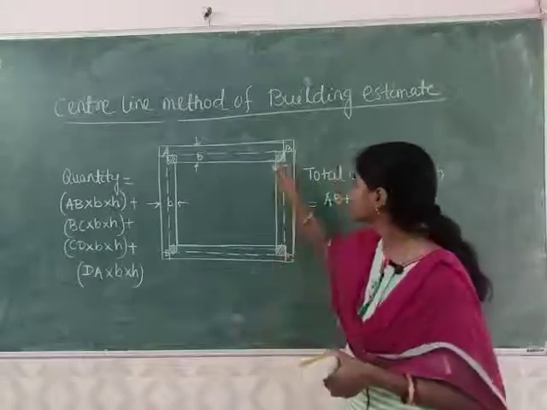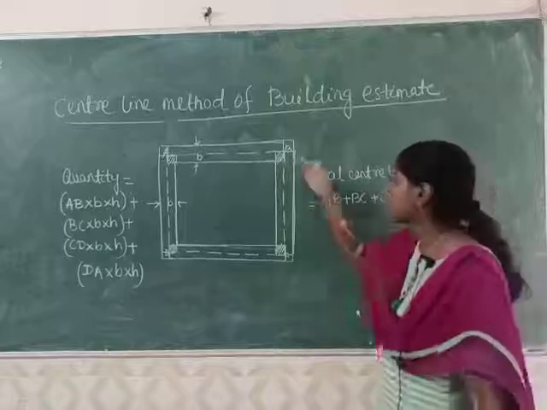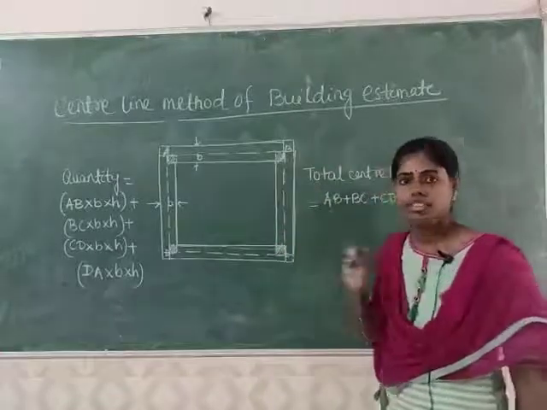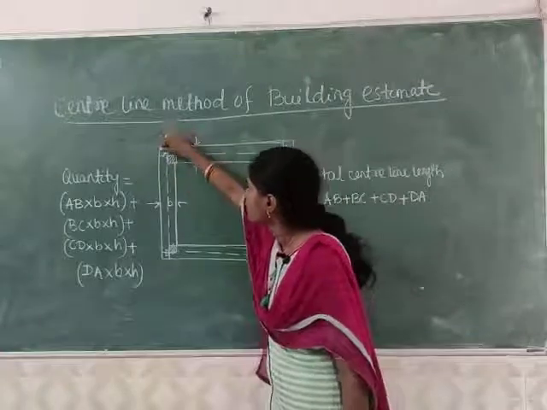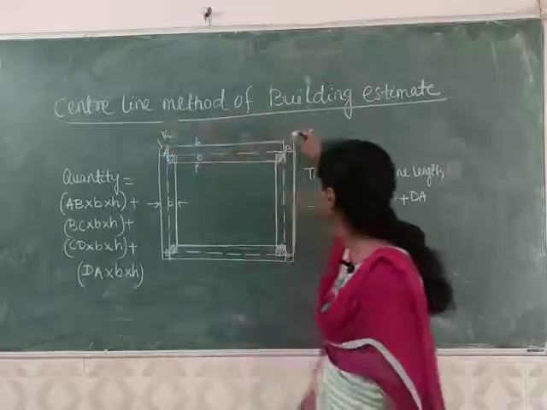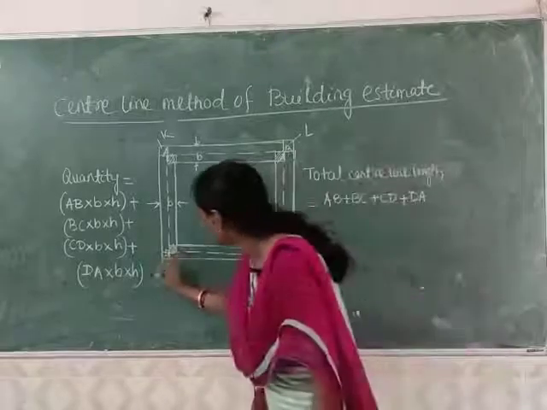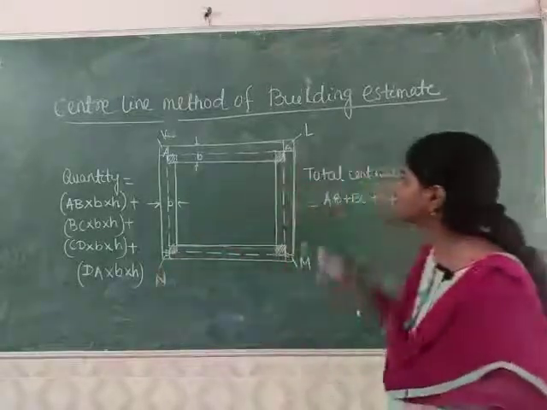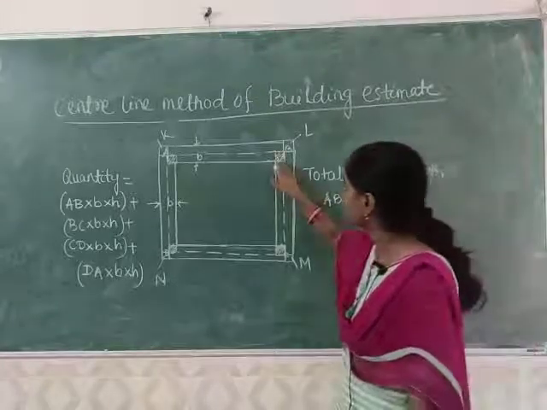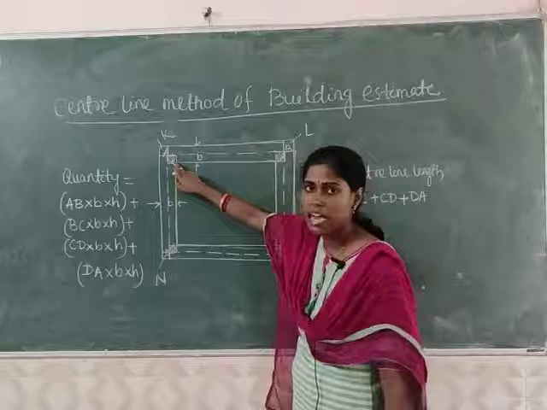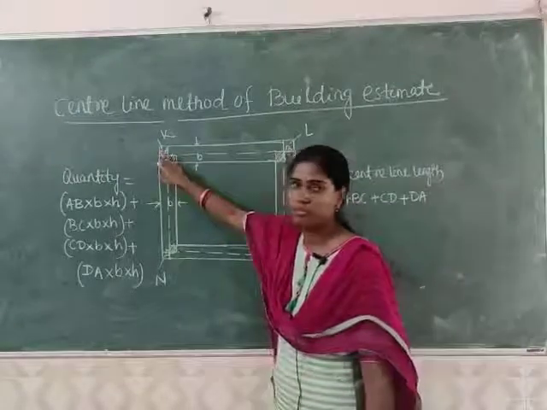That means these hatched portions are coming twice, but we left the portions which are denoted as K, L, M and N. That means we are taking these portions twice and leaving out portions of the same magnitude.